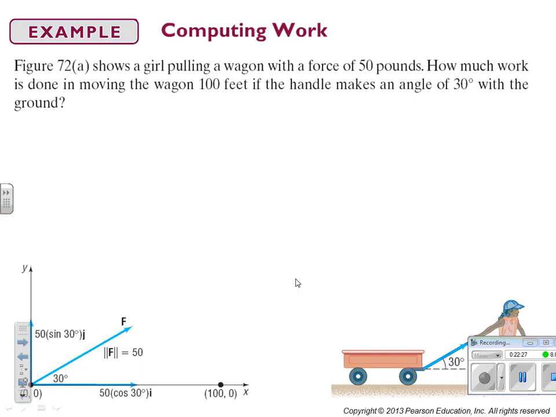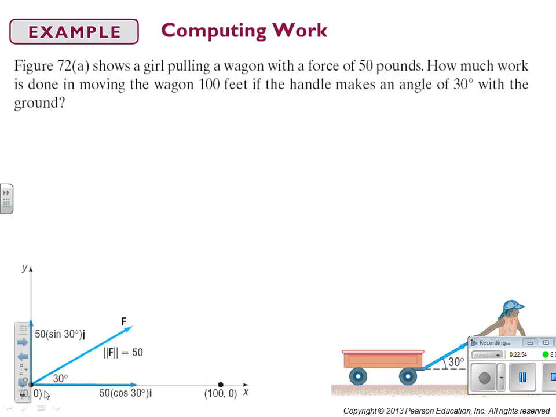All right. So if we break down this problem into a nice little XY graph, our starting point is 0, 0. She's going to move it 100 feet. This angle is 30 degrees, they tell us, and the magnitude of our force is 50.